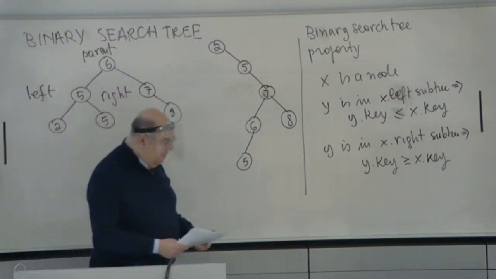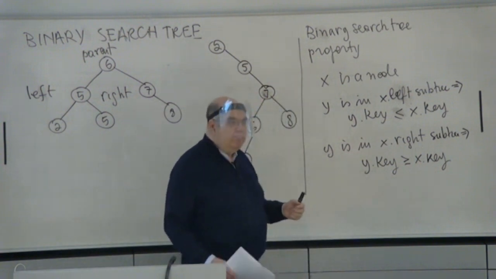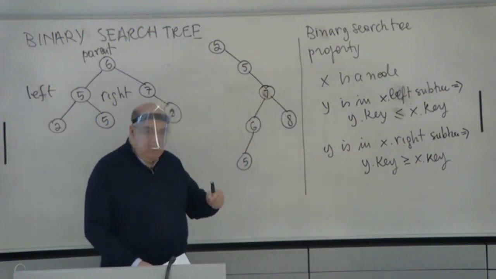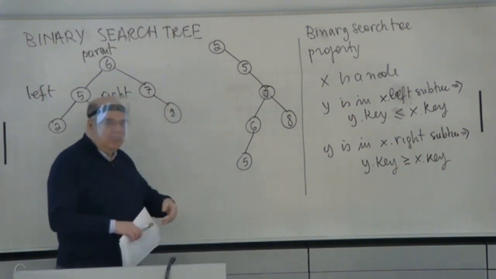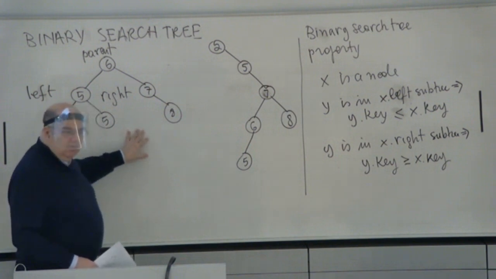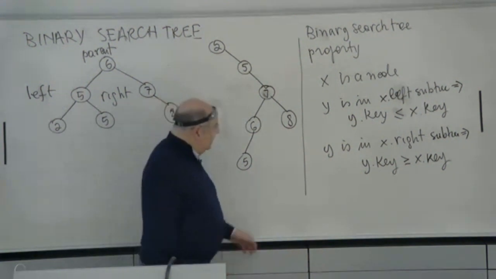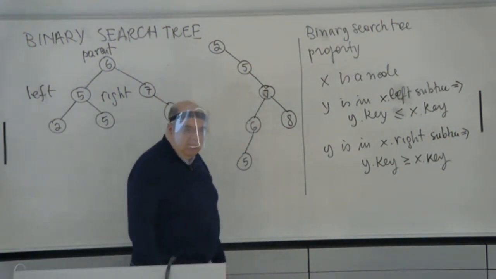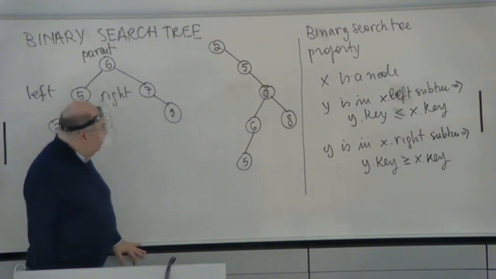And in fact, in the book, I think the next chapter is about building balanced binary trees. So when you build a tree, you look for a tree like this. So you try to keep the height of the tree as small as possible. And this is what is usually called balanced binary trees.